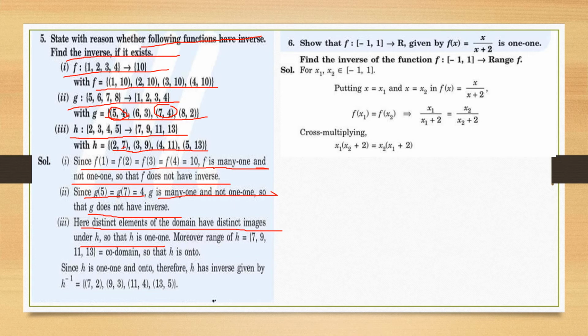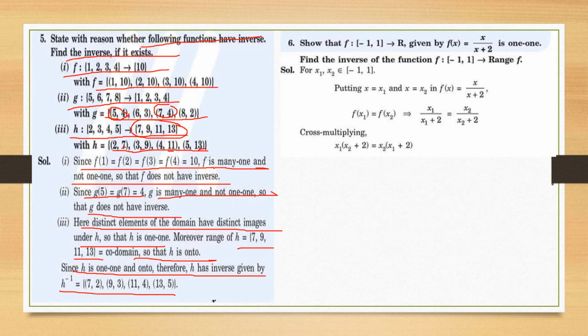Range is the set of second elements in these ordered pairs, which is 7, 9, 11, 13, and it is equal to the codomain. When range is equal to codomain, the function is onto. And when function is 1-1 and onto, it has inverse. And inverse is given by, see here, it is 2, 7, so it will be 7, 2, 9, 3, 11, 4, 13, 5.